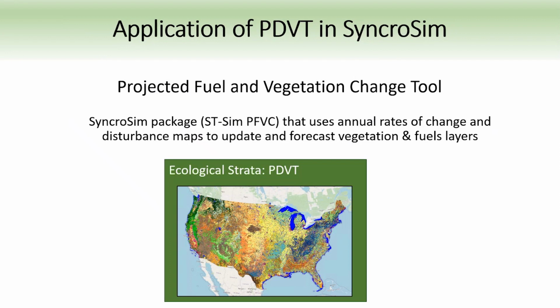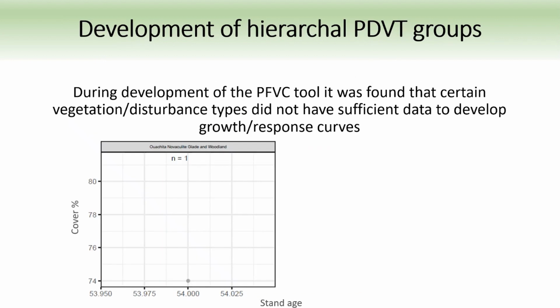And as Apex has started to develop this tool, we found a need for implementing some hierarchical groupings. So again, based on the plot level data that we have available, some of these vegetation disturbance combinations do not have sufficient data to develop these growth response curves.